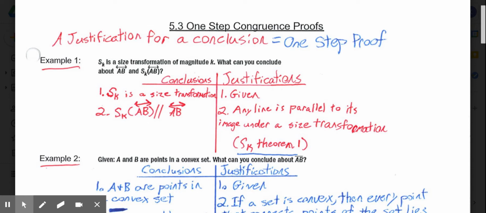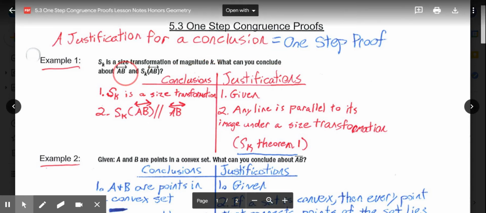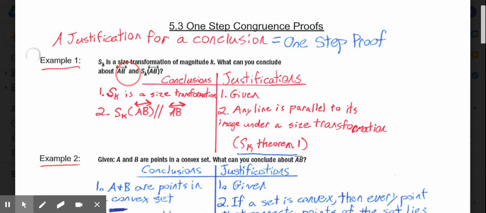It was given to us. What can we conclude about line AB and the size transformation of line AB? Well, what we can conclude is that the transformation of line AB is still going to be parallel to the original line AB.